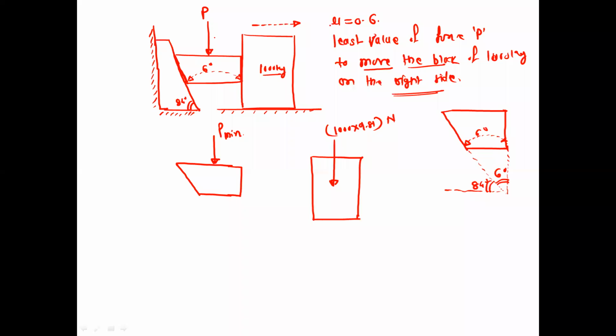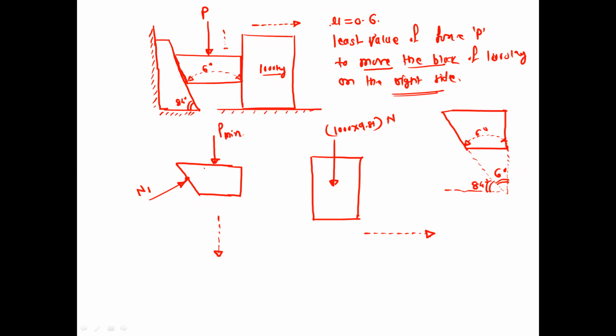And for this wedge, impending motion will be downward direction. Okay. So here impending motion is in the downward direction. And for this block, it is towards the right. So depending on this impending motion, we have to show the frictional forces. So at this contact surface, this is the normal reaction. Okay. So let us take this reaction as N1.